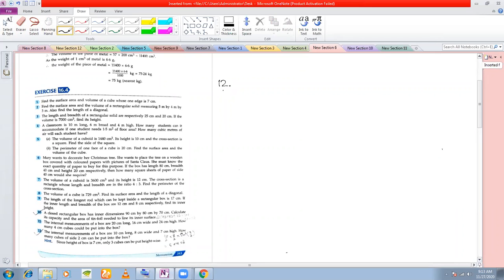The internal measurements of a box are 10 centimeter long, 8 centimeter wide, and 7 centimeter high.